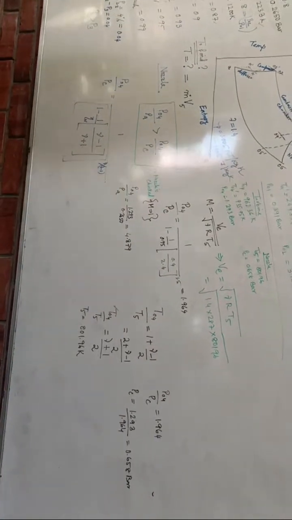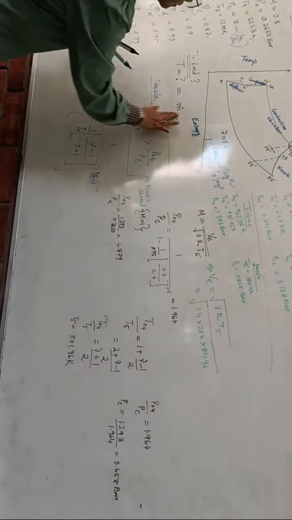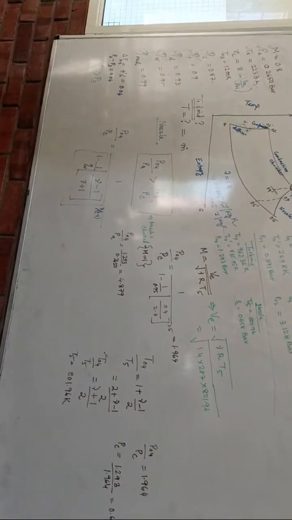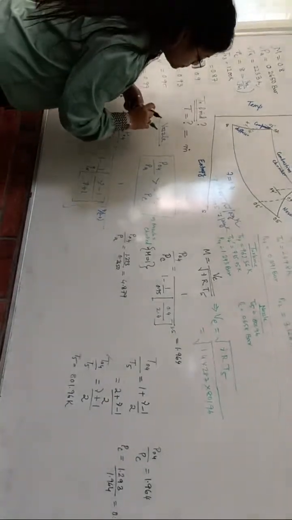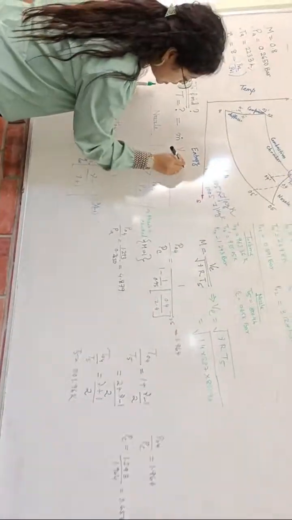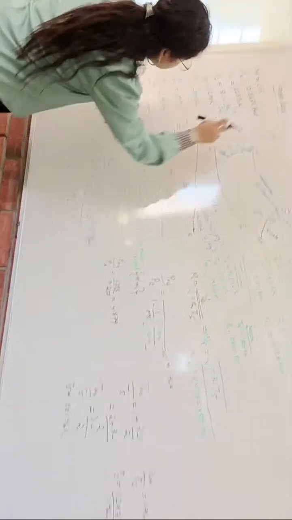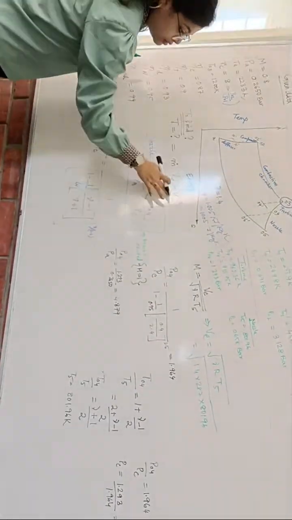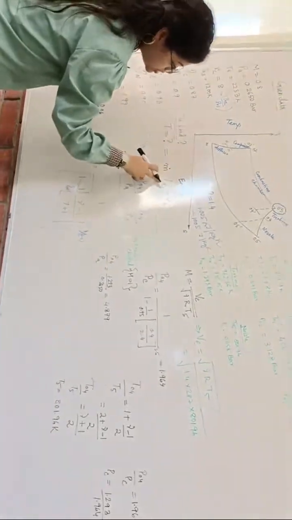So now you know that the thrust is the difference between the exhaust velocity and the inlet velocity. You can convert the inlet velocity using the Mach number, and here you will get the velocity.